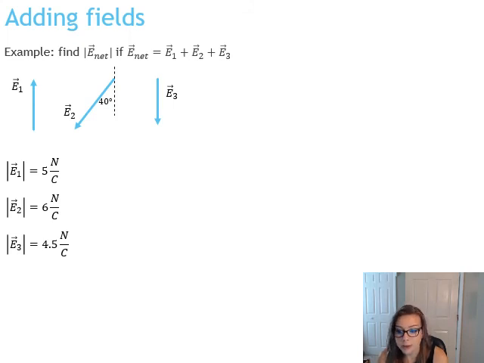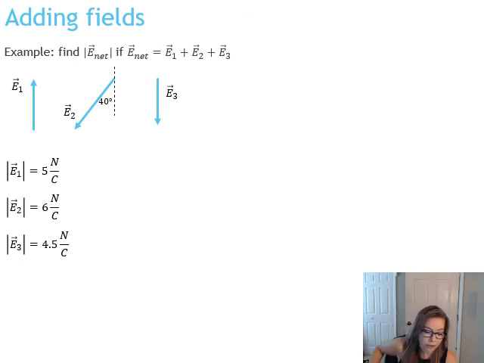Please, please, please do not make the mistake of thinking that the magnitude of the net electric field vector is equal to the sum of the magnitudes of the vectors that are being added together. This is actually an intolerable error. If you do this, you get 0 points. The net electric field vector is the vector sum of E1 plus E2 plus E3.